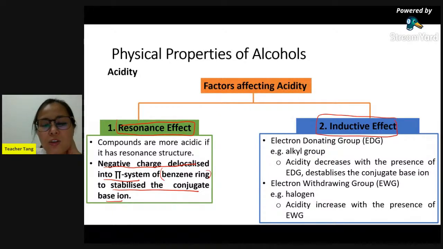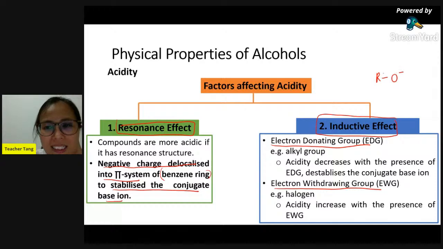You have seen inductive effect before. Basically, it can be divided into two groups, electron donating group and electron withdrawing group. An electron donating group, for example an alkyl group, will give away electron to the oxygen.